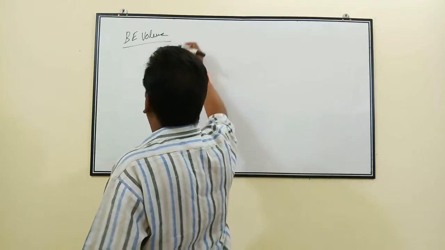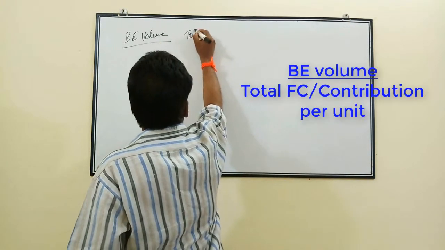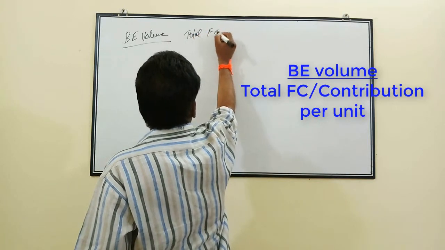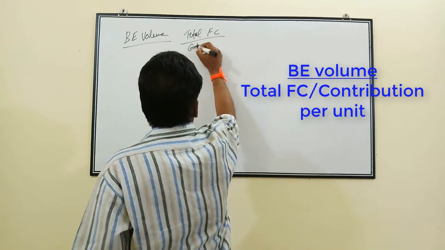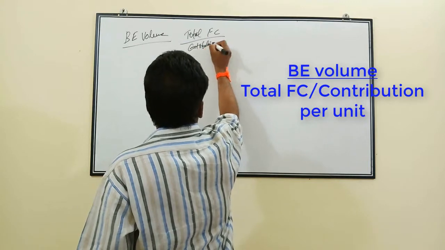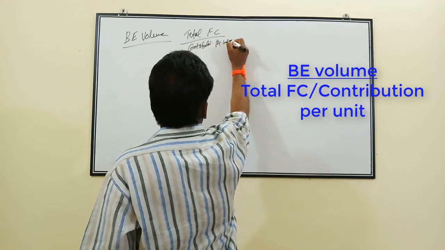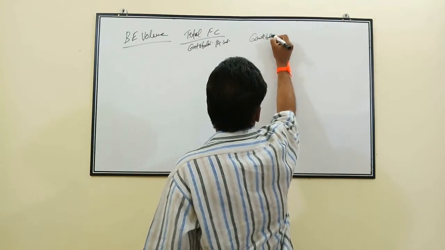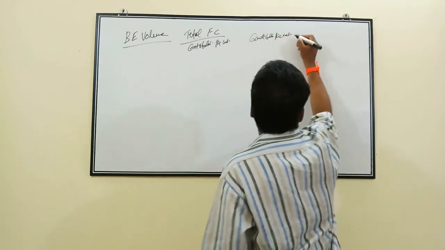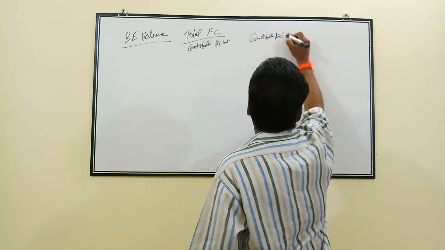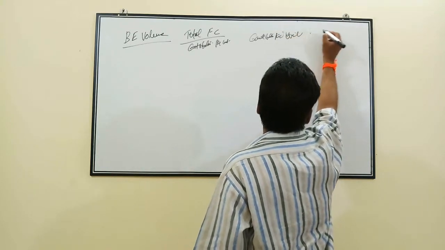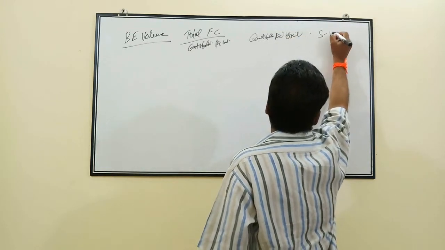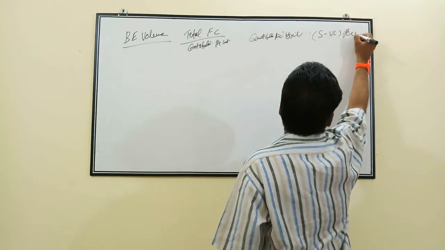So, to derive that break-even volume, total fixed cost by contribution per unit. The contribution per unit is sales minus variable cost per unit.